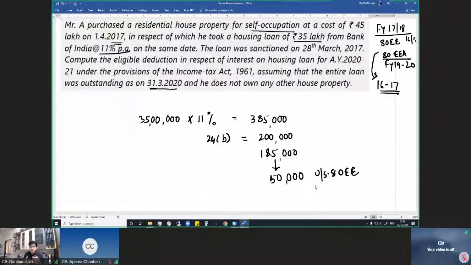Had the loan been sanctioned during 19-20, he could have claimed 1,50,000 rupees entirely under 80EEA. Yet he would have unutilized interest of 35,000 rupees. But in any case, the deduction available during financial year 19-20 would be 2 lakh rupees under 24B and 50,000 rupees under section 80EE.